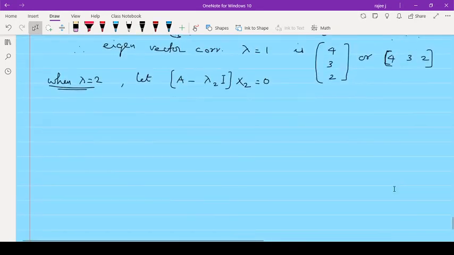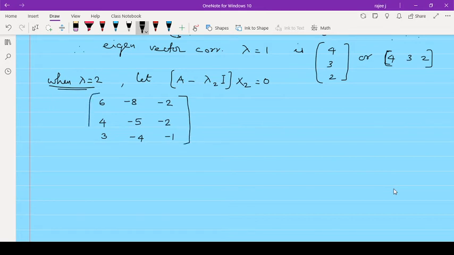So the equation you will get is 6, minus 8, minus 2; 4, minus 5 minus 2; 3, minus 4, minus 1 into x1, x2, x3 equal to 0, 0, 0. This is the coefficient matrix.